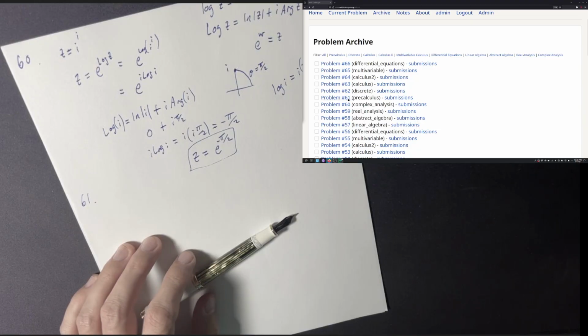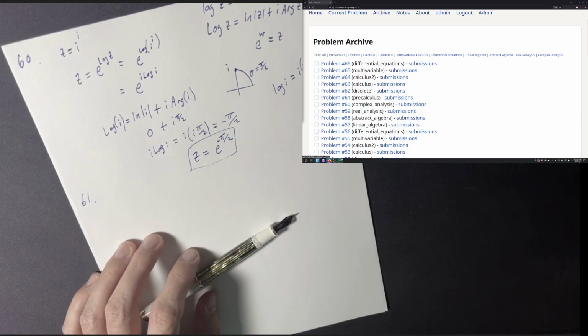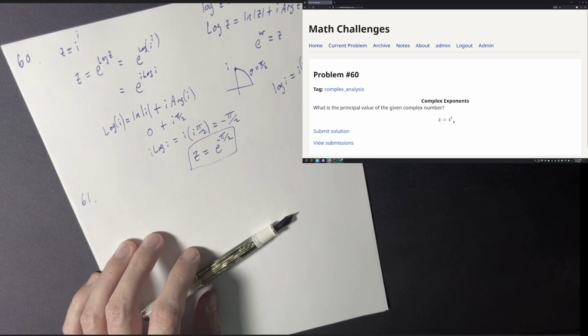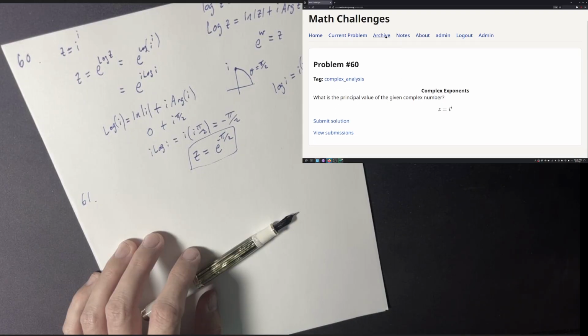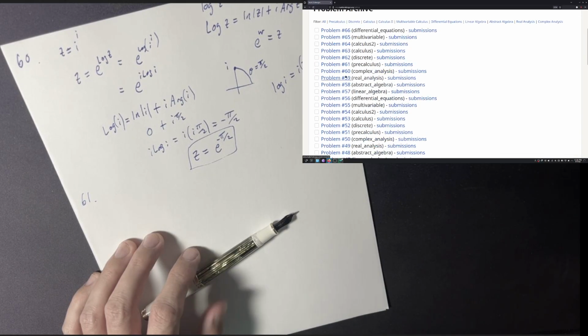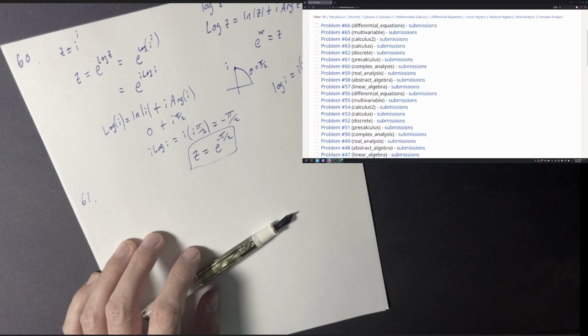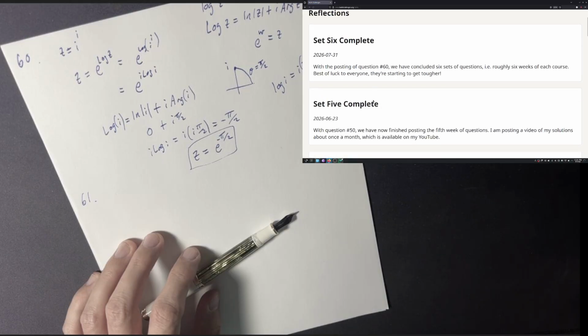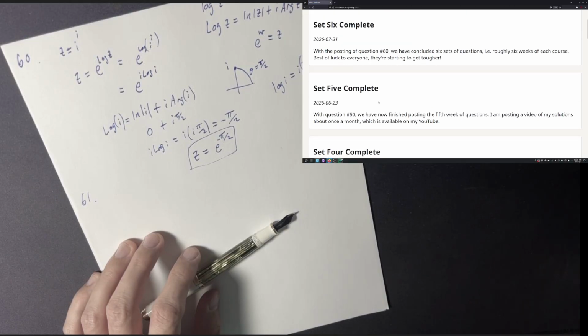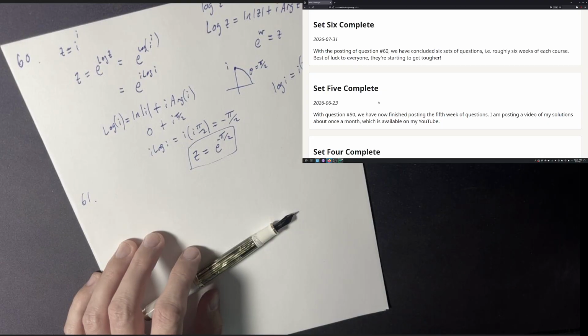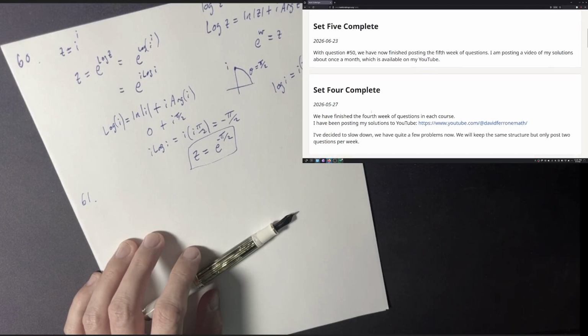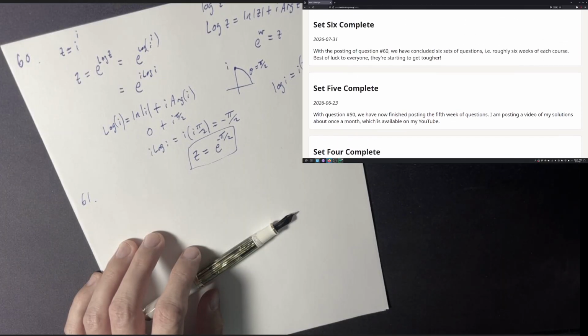Yeah, the rest of them are not bad, right? Pre-calc, discrete, calc, and calc 2. Those ones are not as bad as this complex analysis question. They're also starting to get tough. I don't know, I'm just thinking out loud. Because as you might be aware, every 10 questions roughly corresponds to, I mean, there's 10 different subjects, and each question in a subject is another week of the material, basically.